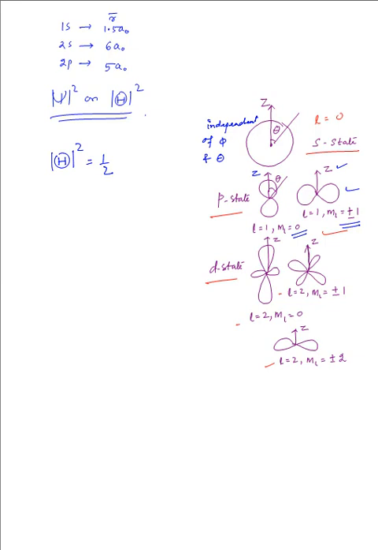These are more or less in the form of electron clouds, if you have heard about it. I'll try to provide you the figures in this video. I'll have to draw it, so let's see if I can provide that.